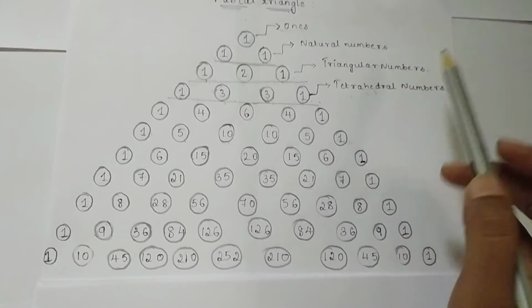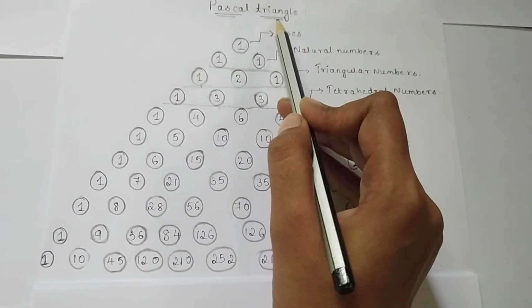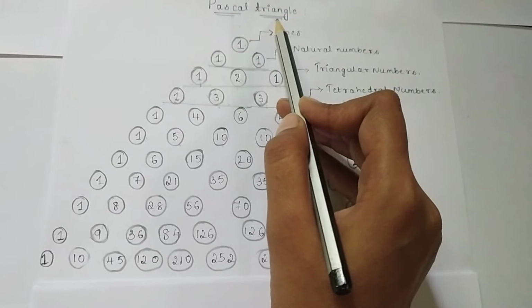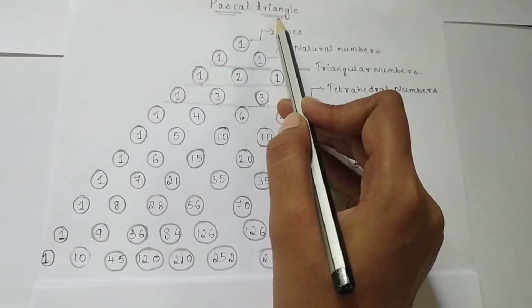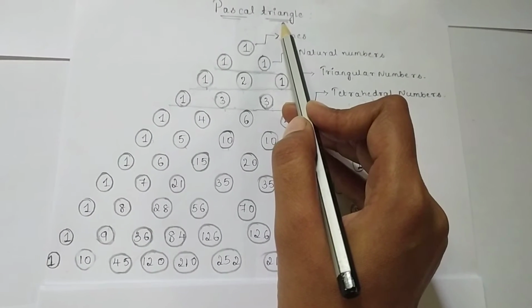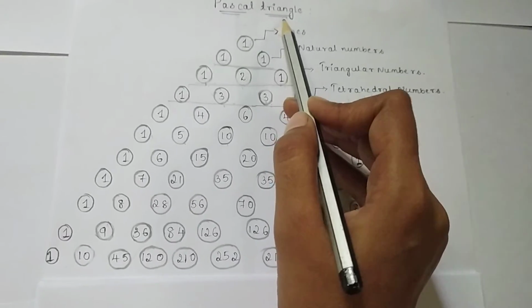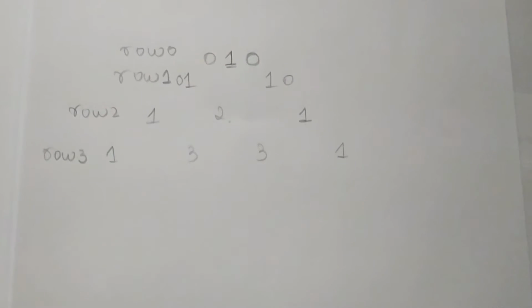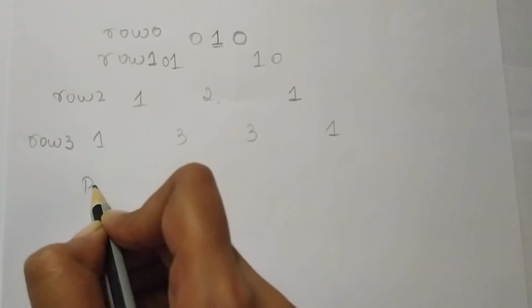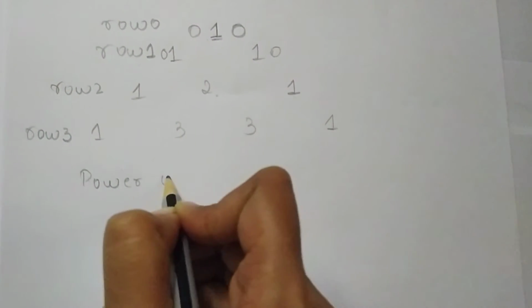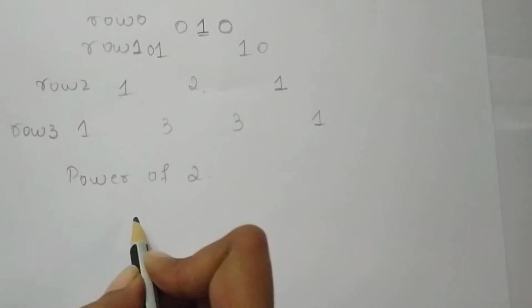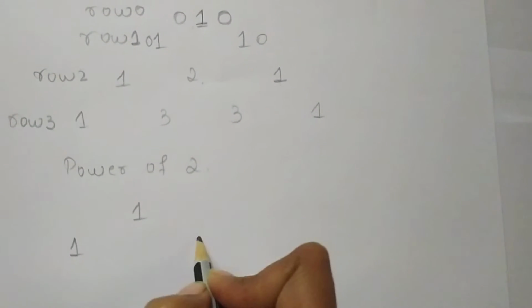After this, the Pascal triangle reveals the powers of 2 and powers of 11. Let us see how it reveals the powers of 2 and the powers of 11. First, let's do it for powers of 2. Write the Pascal triangle up to row 3.